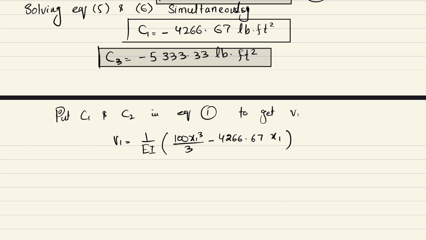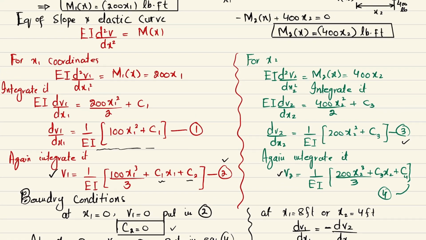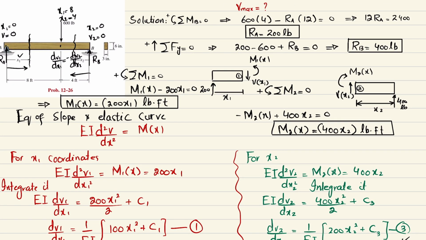Now you can see that if I draw, due to this load, this will be the deflection. So maximum deflection will be here, V max, where you can see how we can find this x. Here we will have dv1 over dx1 is equal to 0, because the tangent to this line will be 0.